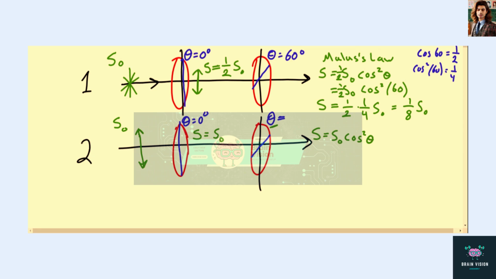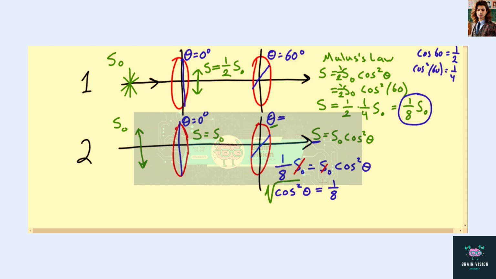Theta is unknown, but we want this S here to be equal to 1/8 of the original intensity like we found in experiment 1. So let's substitute that in, 1/8 of the initial intensity. And that's going to be equal to S0 cosine squared theta. You see that the S0s cancel each other out. So we just get that cosine squared theta equals 1/8.